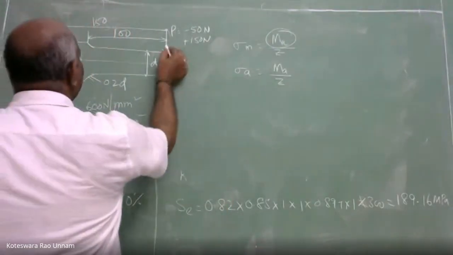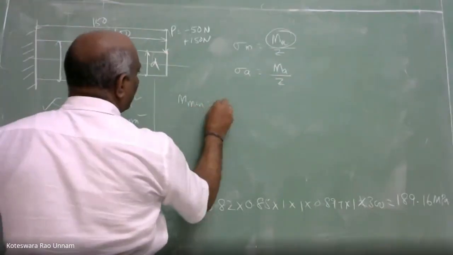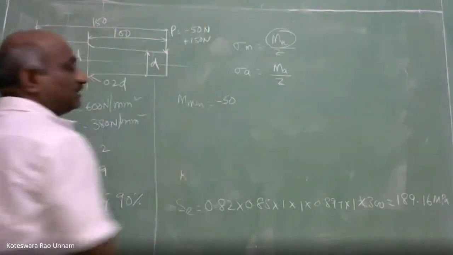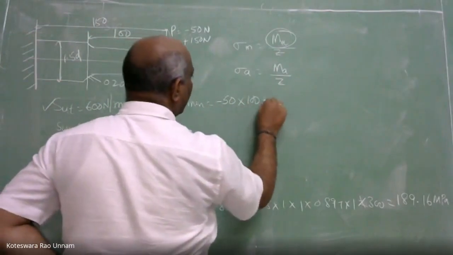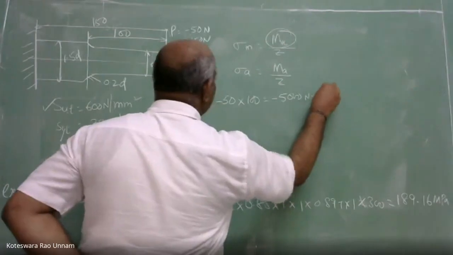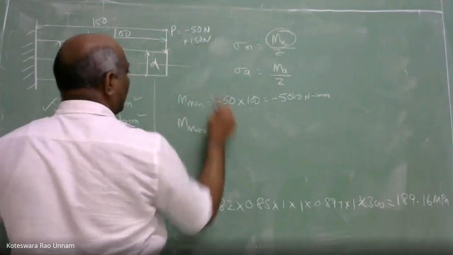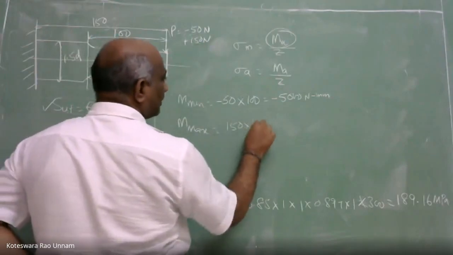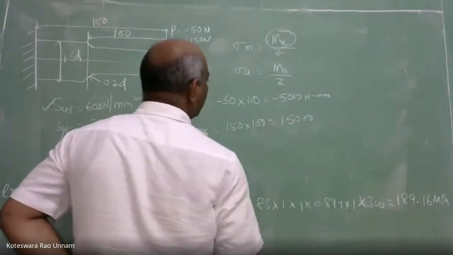The minimum bending moment, M minimum, is the minimum load, that is minus 50, and the distance is 100. So the minimum bending moment is minus 5000 Newton mm, and the maximum bending moment is when the load is maximum, which is 15,000 Newton mm.